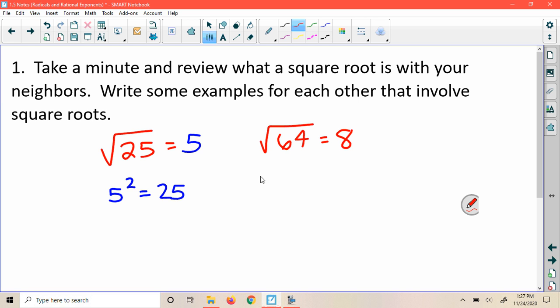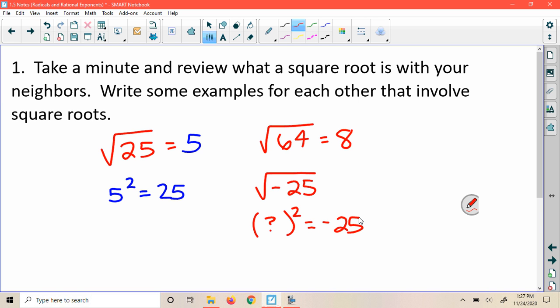Somebody asked a great question in class: what if you had something like the square root of negative 25? Well, you can't really square anything and make it equal negative 25. Somebody chimed in and said, what about negative 5?